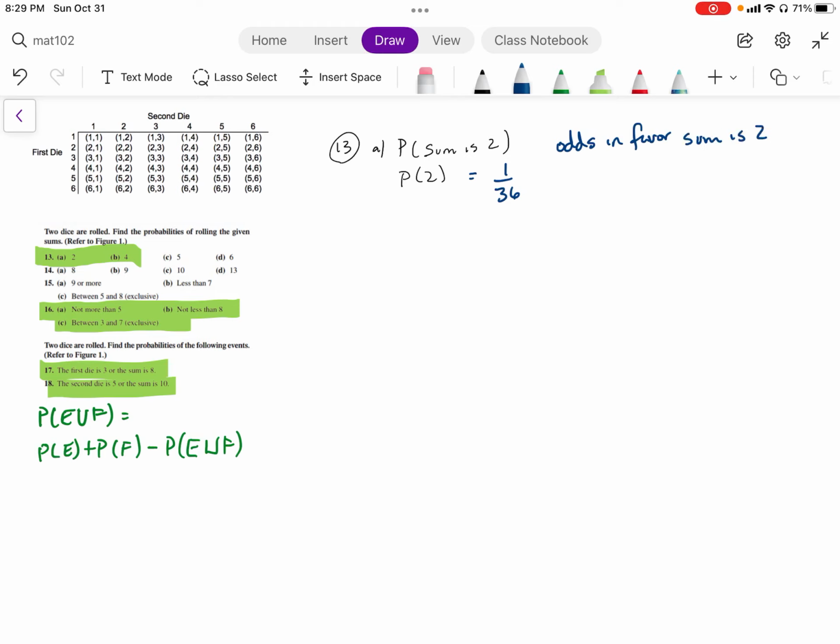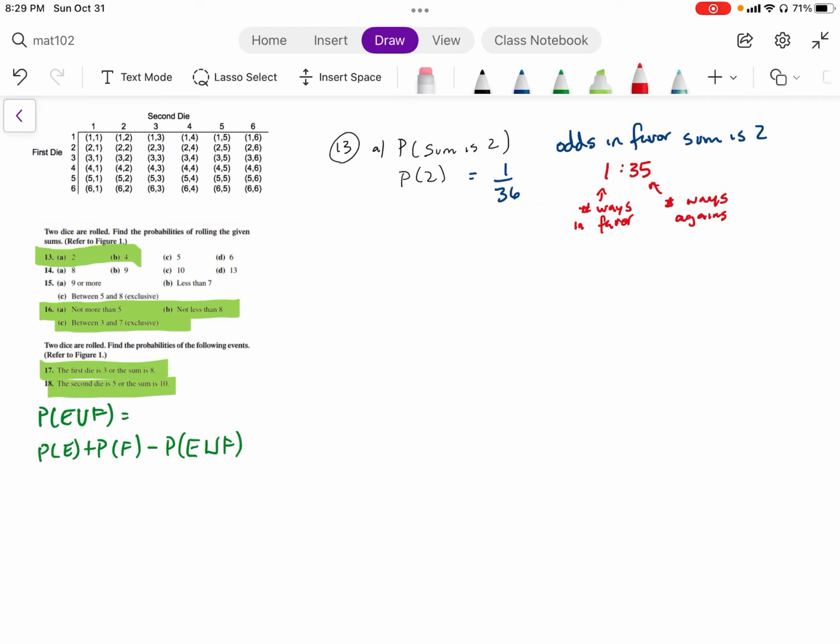That means, what are the odds that I do roll a 2 versus that I don't. I like to do it like this. There is one way that I can roll a 2, and there are 35 ways I cannot roll a 2. So the odds in favor are the number of ways in favor, and then the number of ways against.